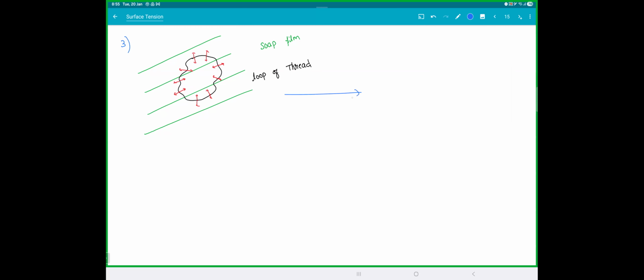Then what you did, you broke that inner soap film. And we observe it becomes a circle of radius r.